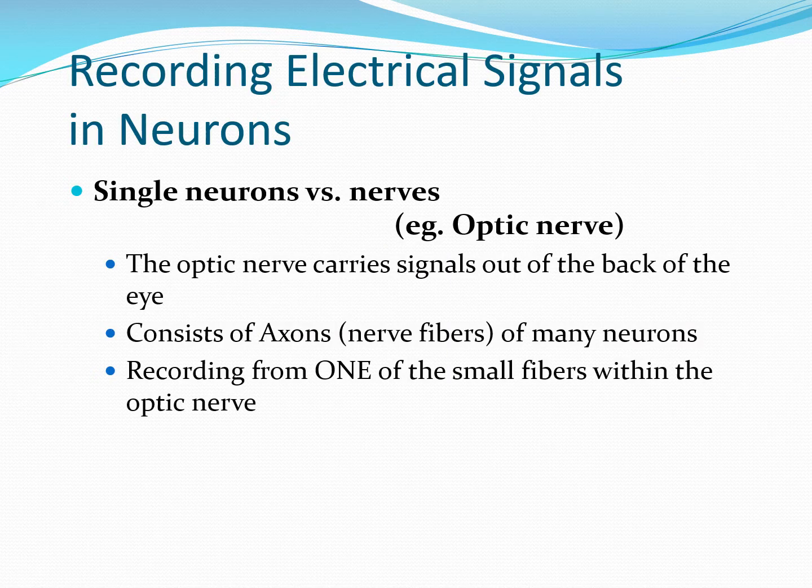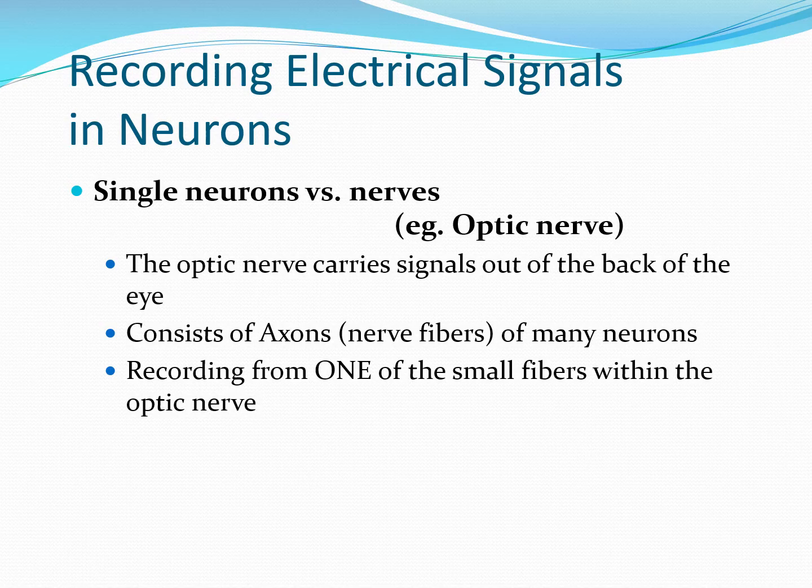Okay, I do like to provide this distinction between single neurons and nerves, where nerve, if you already noticed the nerve fiber being used as the terminology for the axon, this word nerves gets used in many different ways. And so a single neuron, it's going to have its axon, and it's going to send information along its axon.